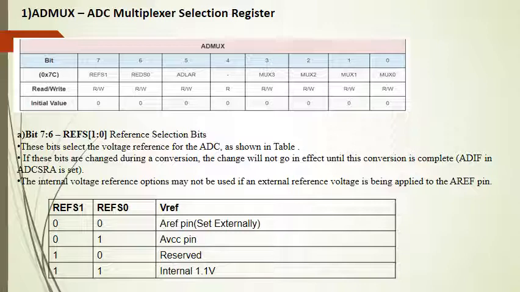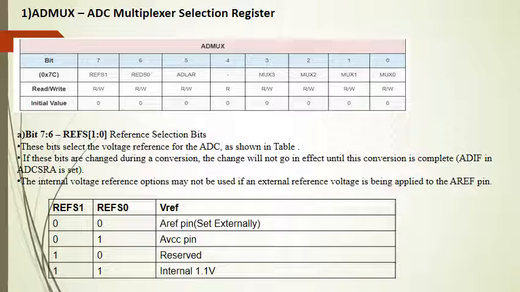It has to be set externally. If we set the seventh and the sixth bit to 0 and 1, then it means that the AVCC pin is being chosen as the higher level reference. 1 0 is reserved, that means it is not used. Then 1 1 means that the internal 1.1 volts present in the Atmega has to be used as the higher reference value.